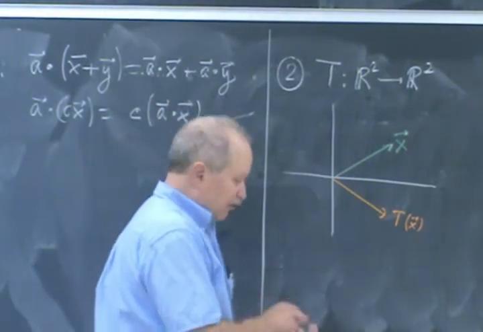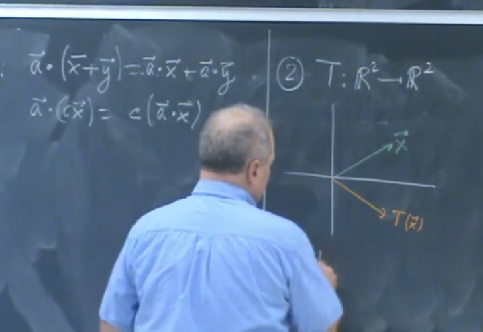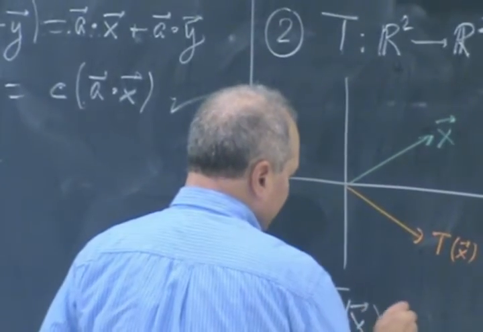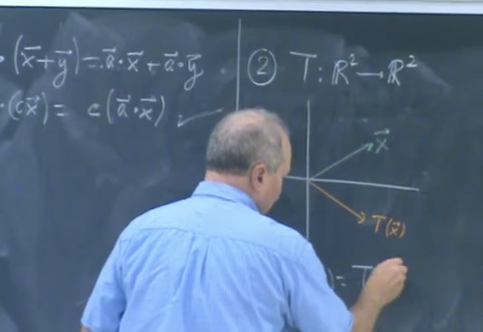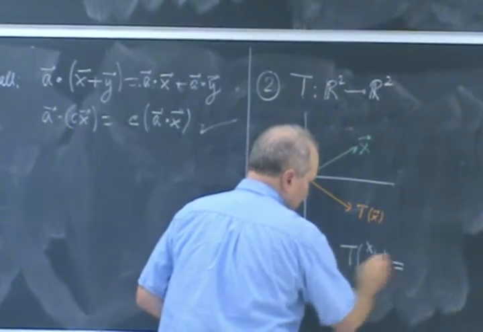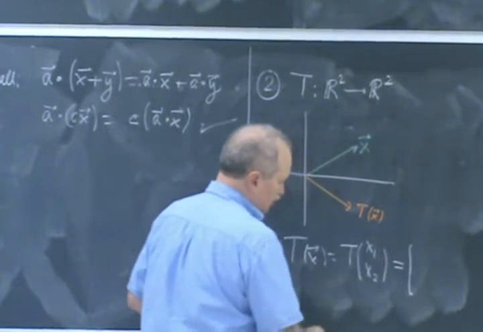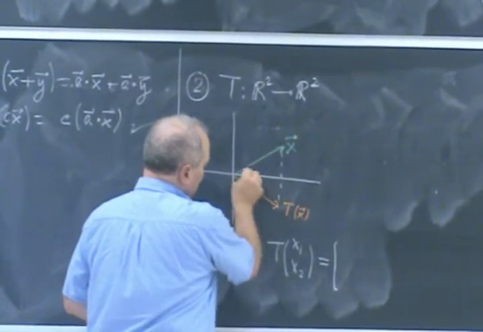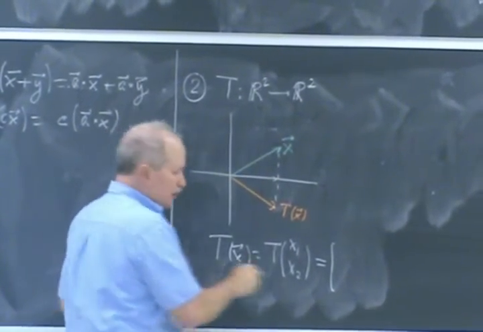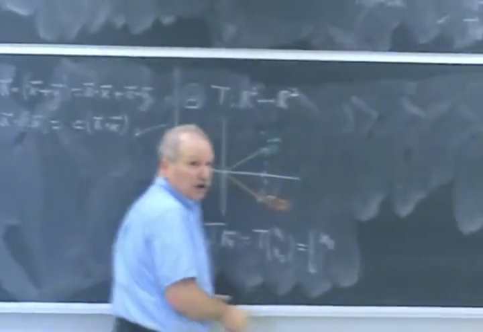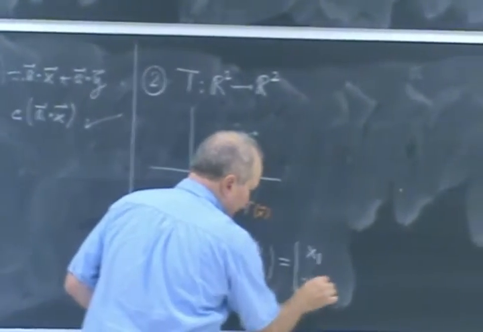So what's a formula for this? T of x is what? So if I took x1, x2 here, negative. You want negative. X1, negative x2. So the first coordinate stays the same, and the second coordinate becomes negative.